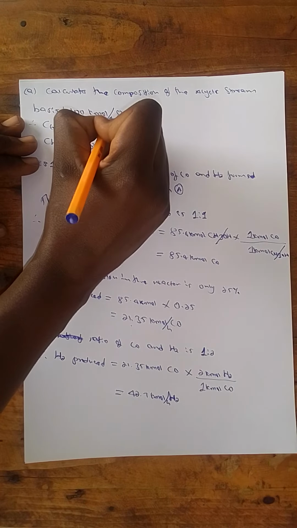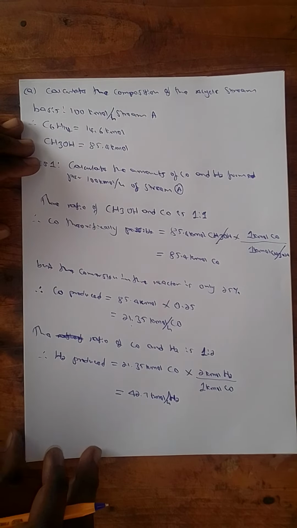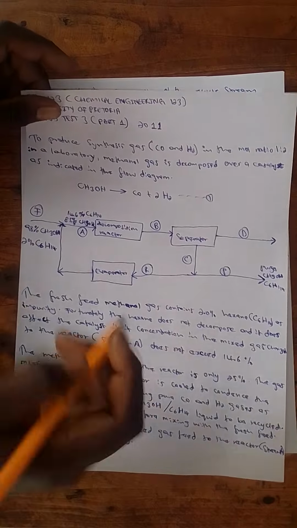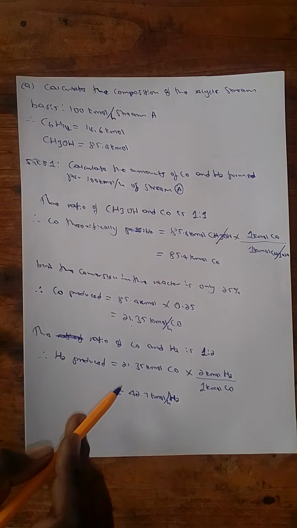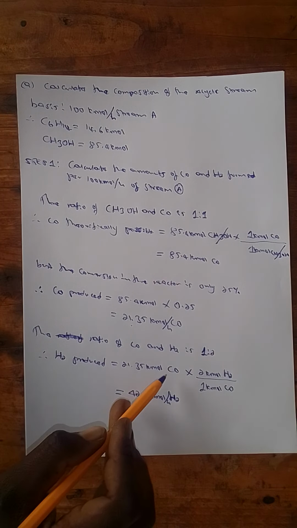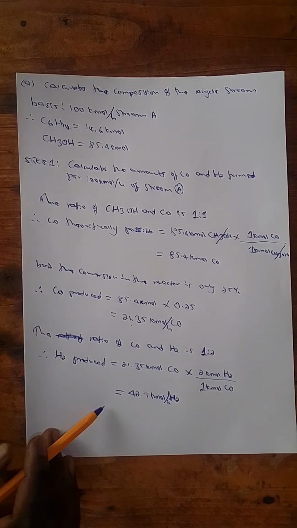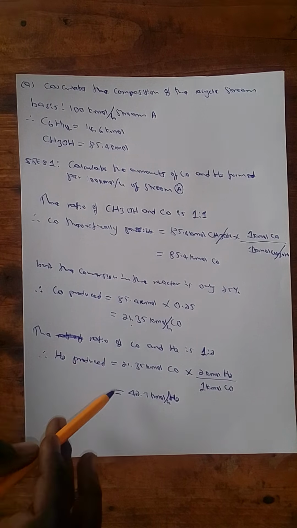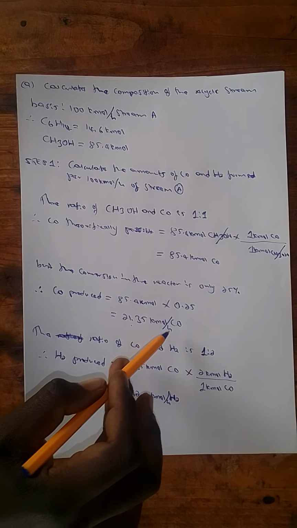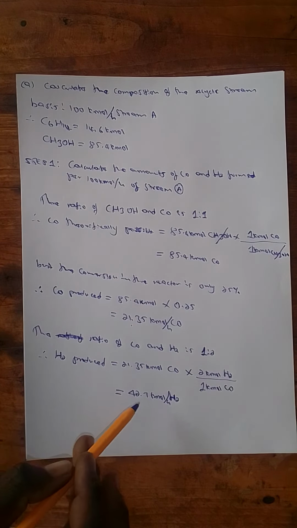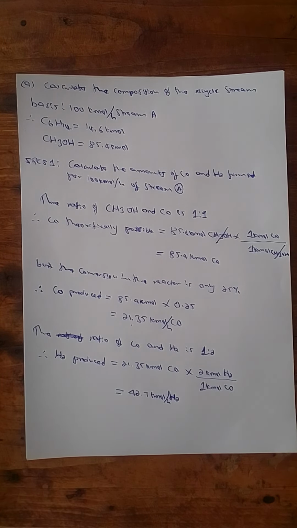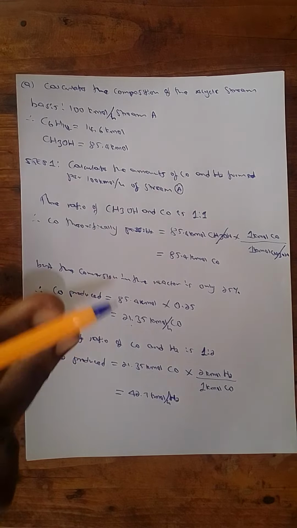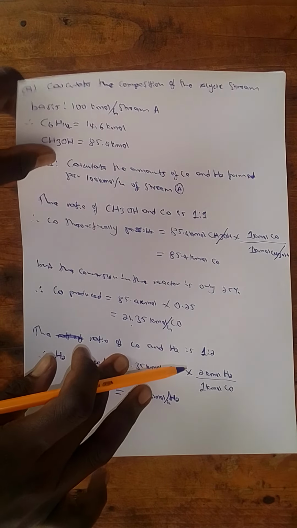So we know that 21.35 kilomole per hour CO has been produced, and also 42.7 kilomole per hour H2 has been produced. So with that said, this concludes our step 1, and it takes us to our step 2.